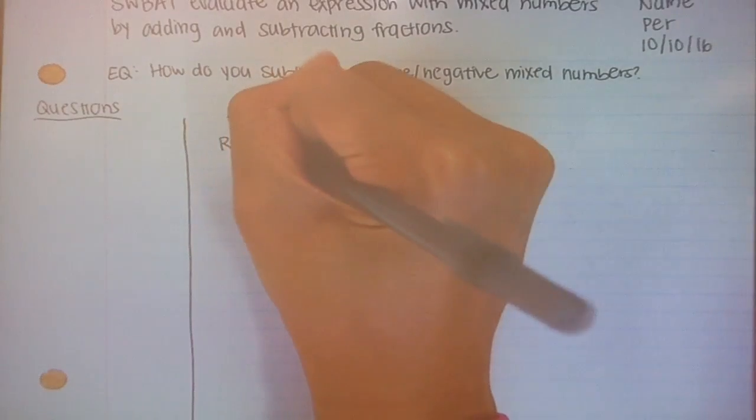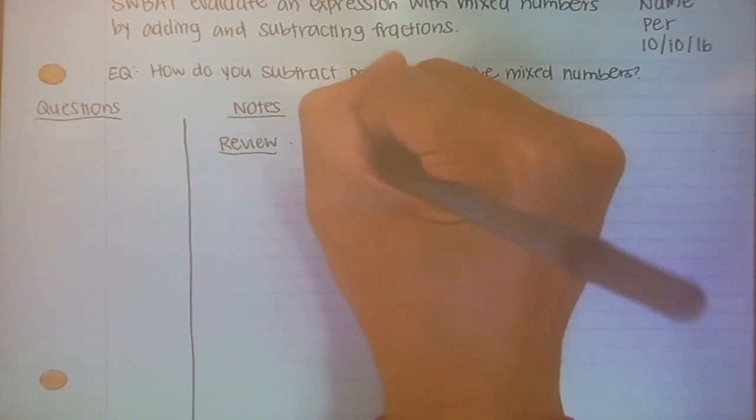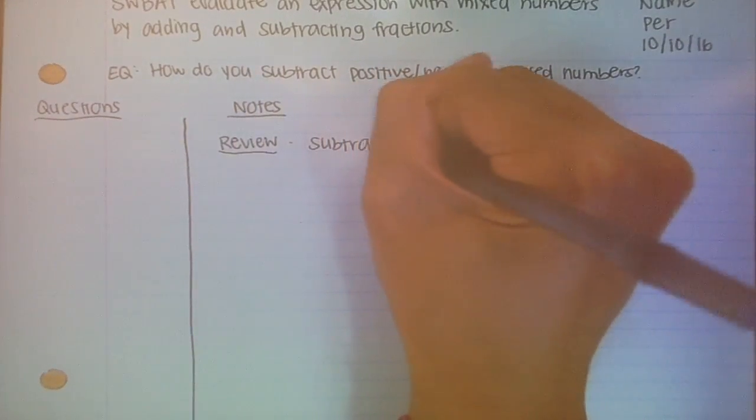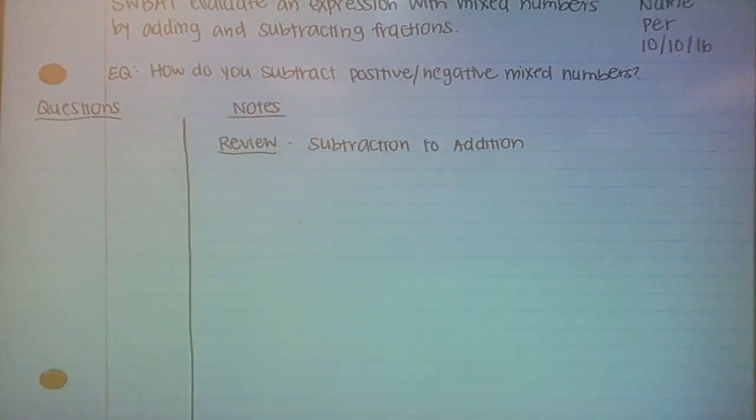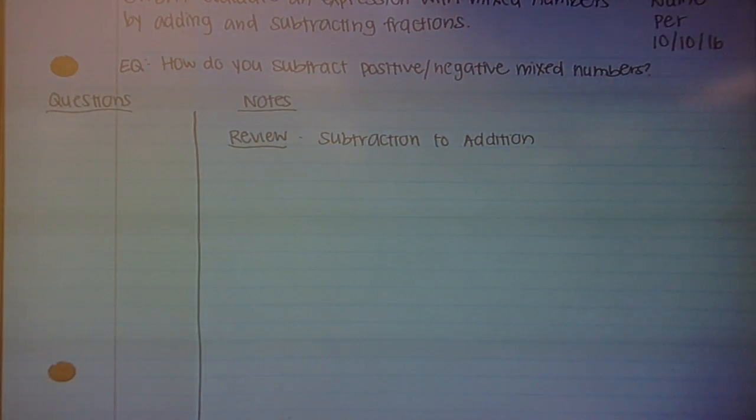Today's lesson is going to be very similar to our last lesson. The only difference is now we are subtracting mixed numbers instead of adding. All right, so let's review just very quickly how to change subtraction to addition. And we'll use integers to help us.